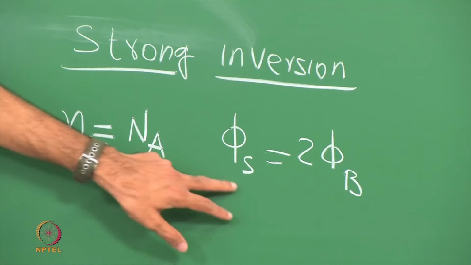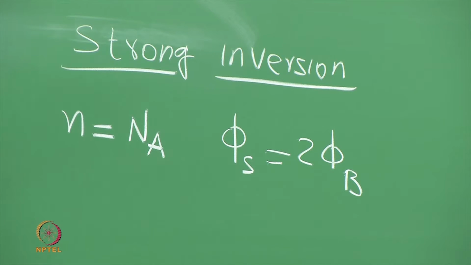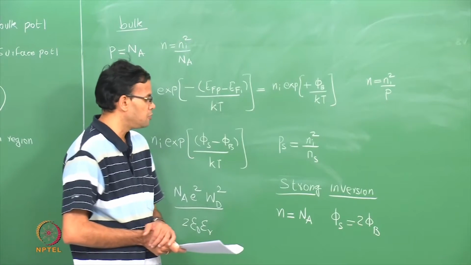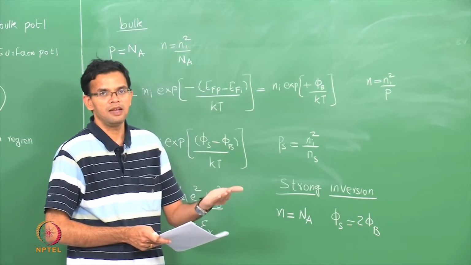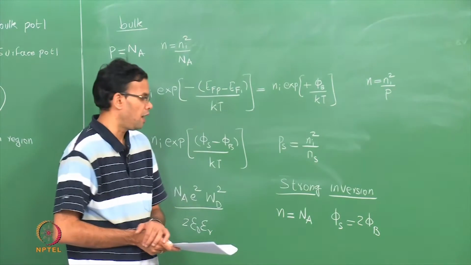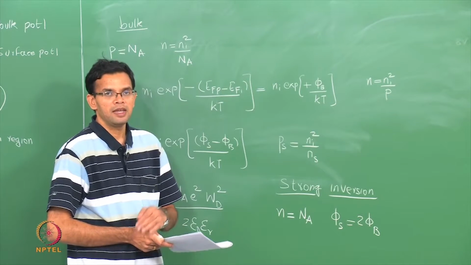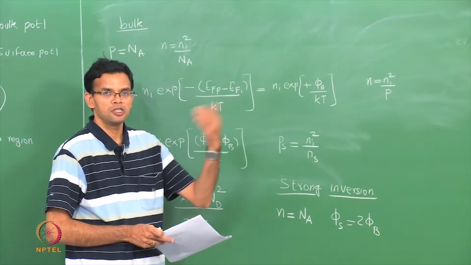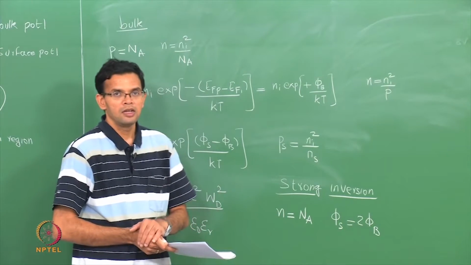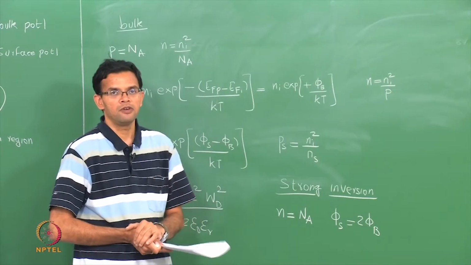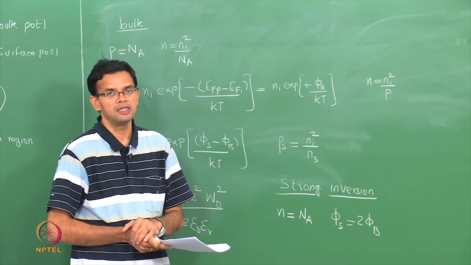This we can understand because phi b is the location of the Fermi level with respect to the intrinsic Fermi level. In the case of p type, this Fermi level is located below EFI, and now if I make it N type, the Fermi level goes above EFI, and when N is equal to Na, the distance of the Fermi level from the intrinsic will be the same.